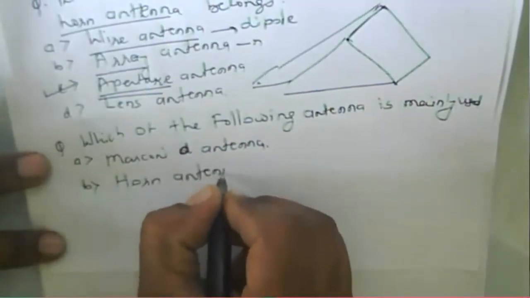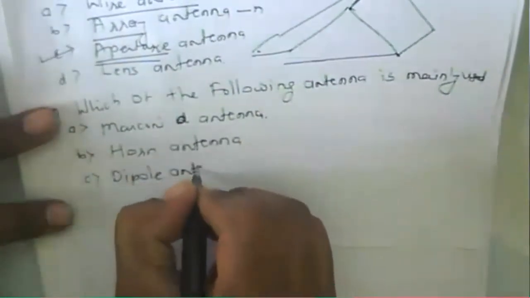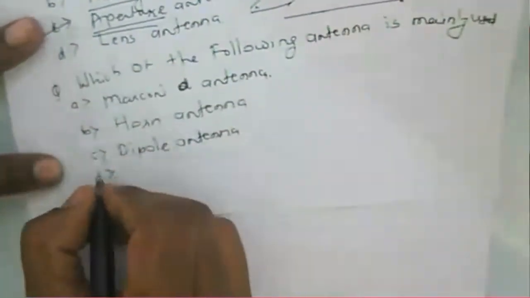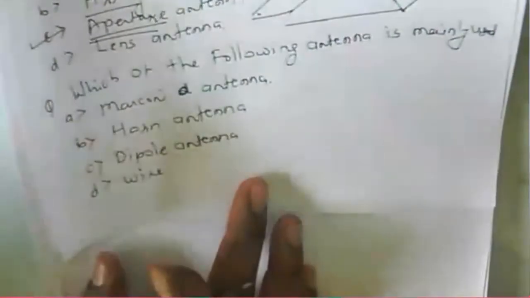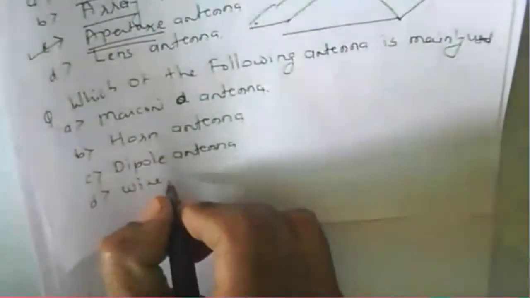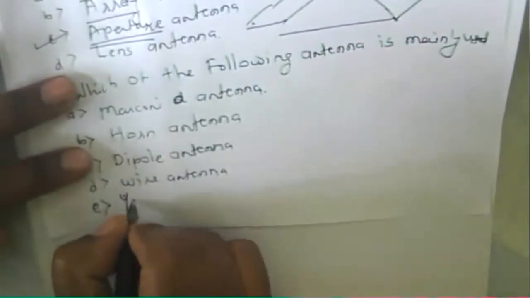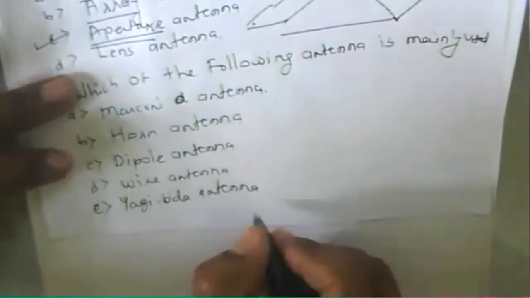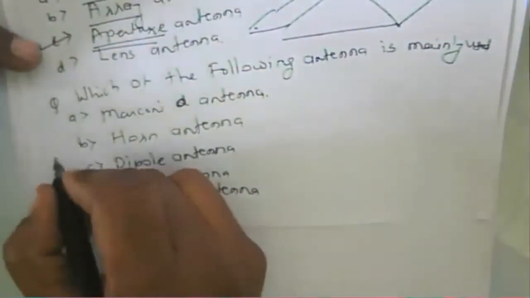B, horn antenna; C, dipole antenna; D, wire antenna. What is the answer for this?